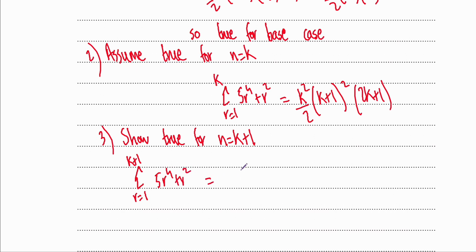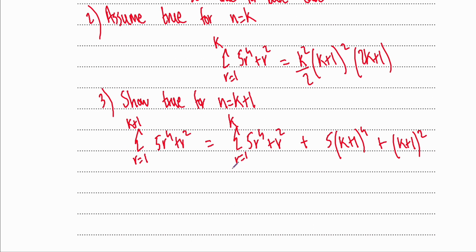But this is the same as taking the sum from r equals 1 to k of 5r to the 4 plus r squared, and then doing the k plus 1th term instead of r. So this is that plus 5 times k plus 1 to the power 4 plus k plus 1 squared. This is exactly the same thing as this right here, because you're doing the sum from 1 to k, and then you're just doing the k plus 1th term, so you just put k plus 1 instead of r inside, and you'd end up getting this.